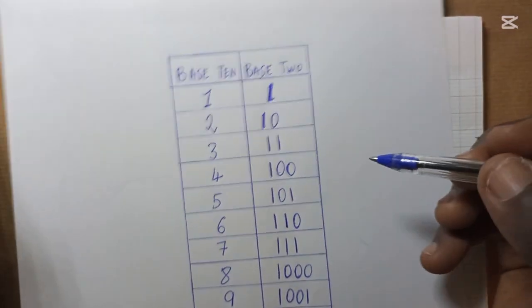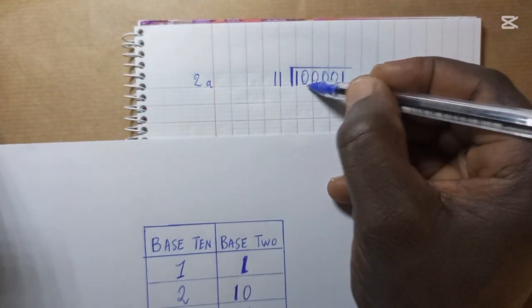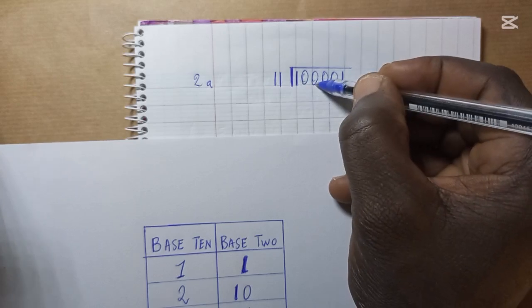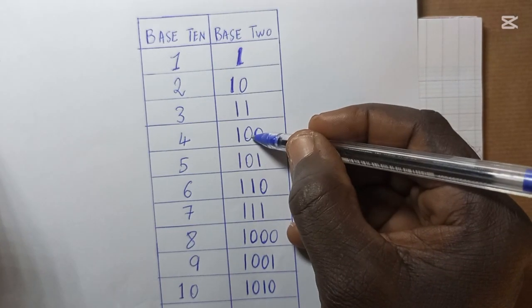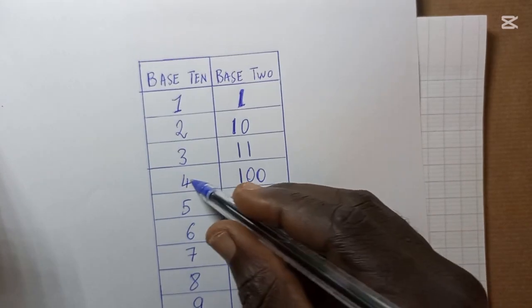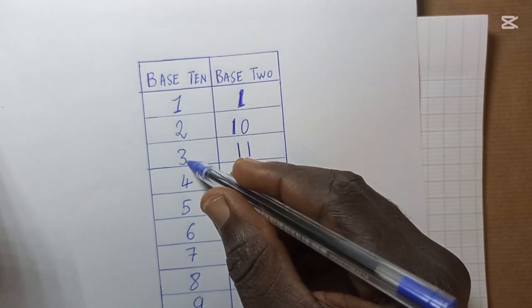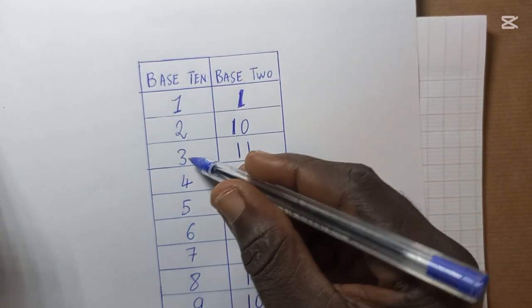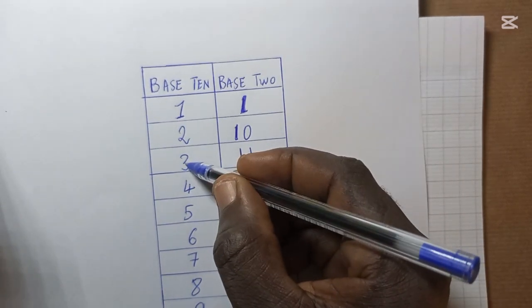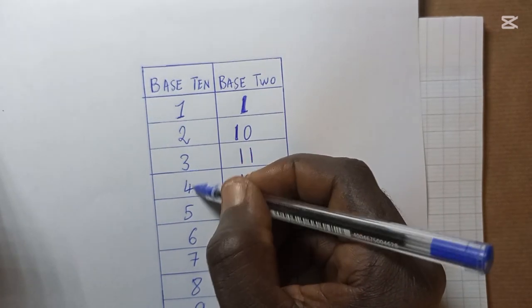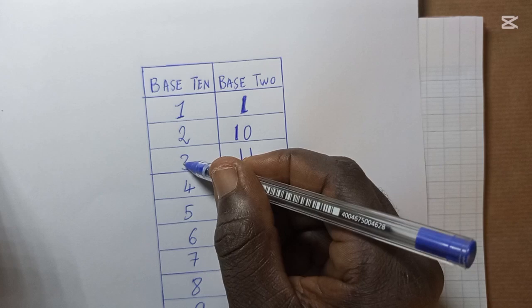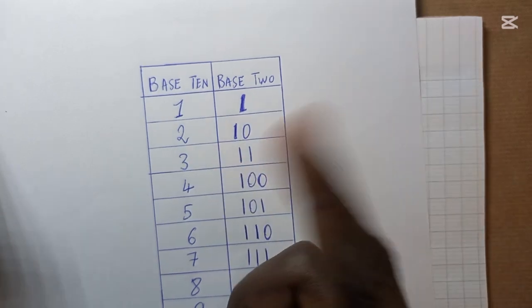So what I'm going to do is add another digit to this to make it 110. So this is 110, which is 4. So 4 divided by 3, it is possible. 4 divided by 3 will give us 1. How many times can we get 3 in 4? That is once.